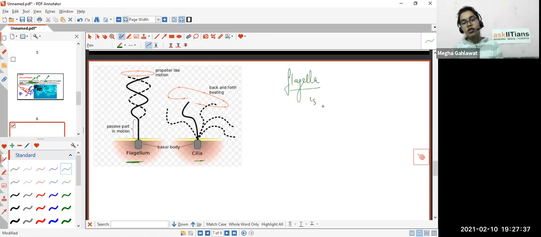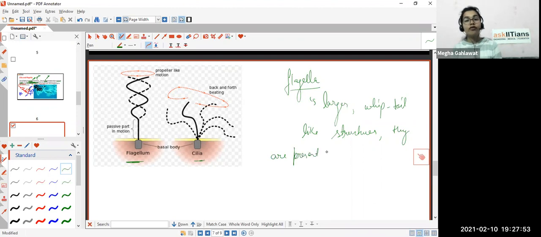Flagella are larger, whip-tail-like structures, and they are present in fewer numbers. Whereas cilia, my friends, are small hair-like structures.